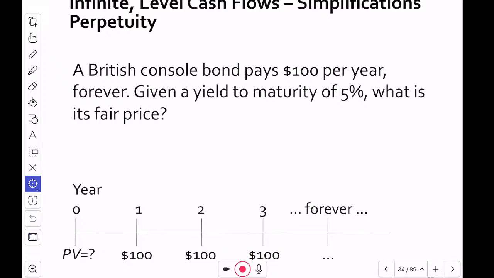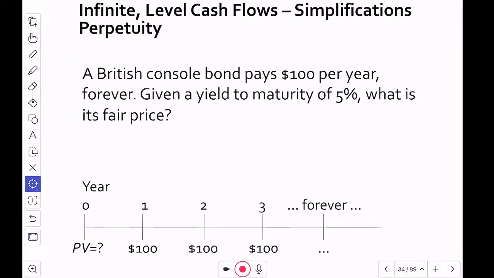So I'm looking at payments over time, and I'm not going to use the NPV approach. I'm going to derive a formula to solve this that is a simplification of what we've been doing. Okay, simplification.